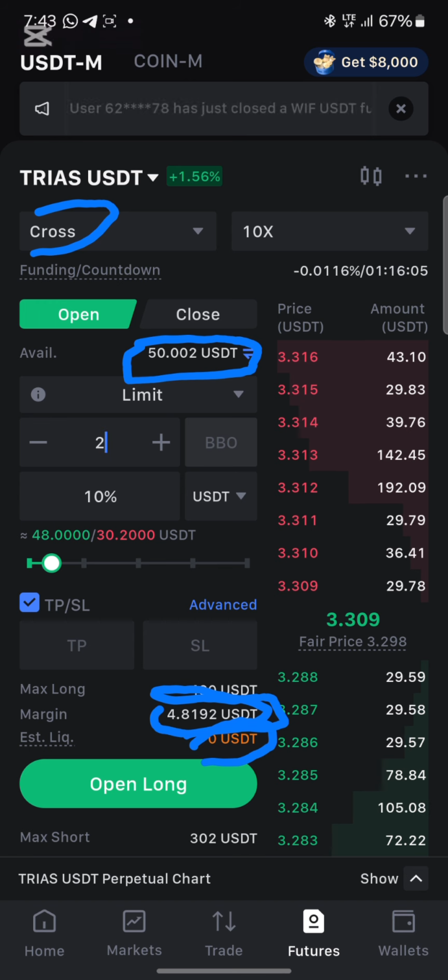If I'm liquidated on this $4.8, that means I'm also losing the entirety of this 50 USDT. Not instantly. The remaining USDT left after this 4.8 will be serving as a backup for me not to be liquidated. So that is the good thing about cross margin.